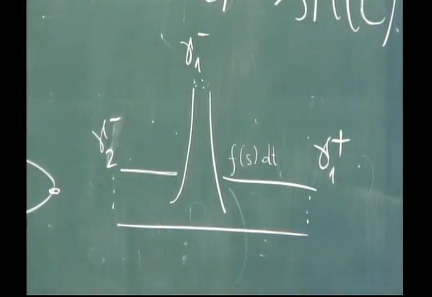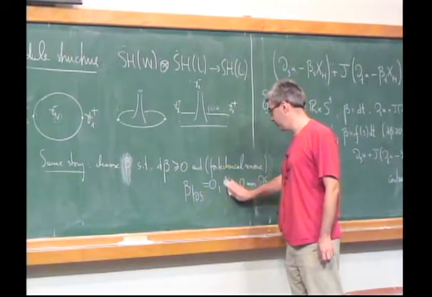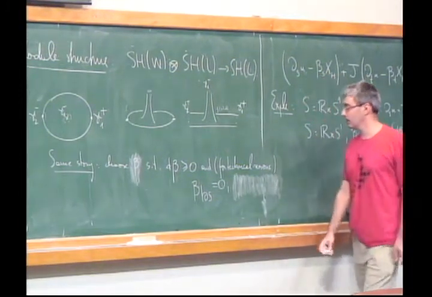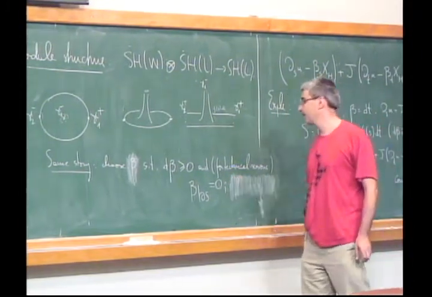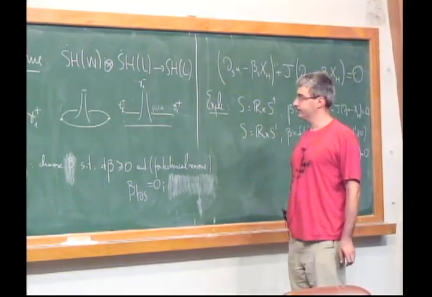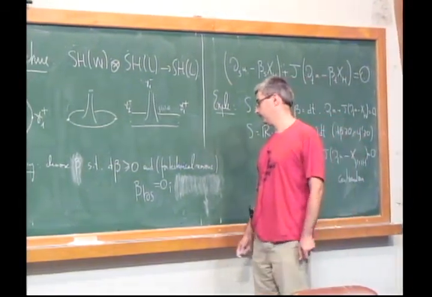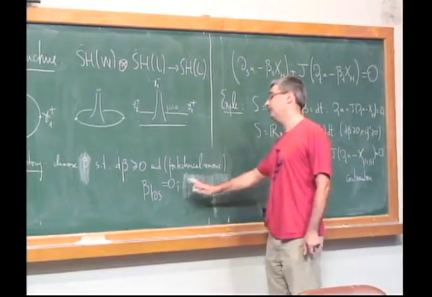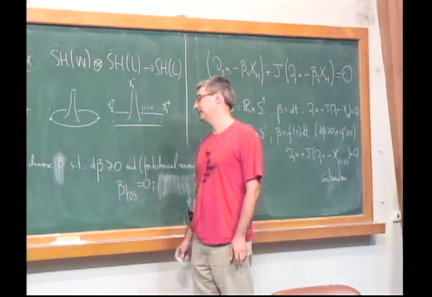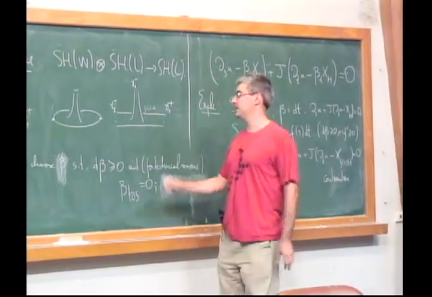Well, maybe this is not so good if I'm doing that. Maybe I'm going to erase this. D beta is 0 near the boundary. Since I don't explain, I can erase it without any problem. But the message is the same.